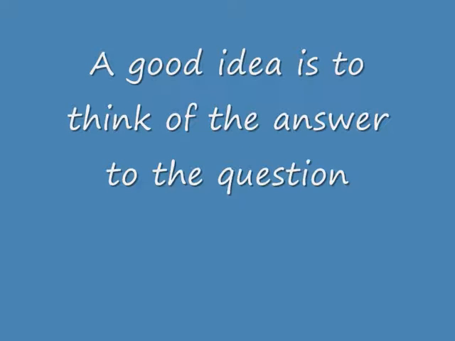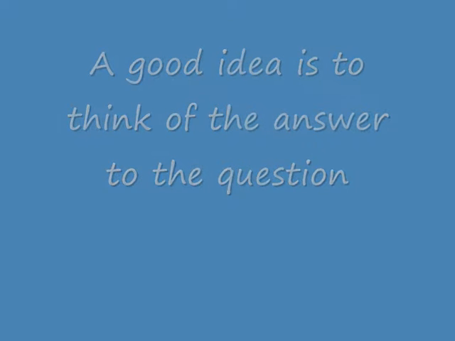Okay? Another example. The metro is over there, por allí, on the right, a la derecha. The metro is. Okay, indirect question. Do you know where the metro is? Como antes, the metro is. A good idea is to think of the answer to the question.